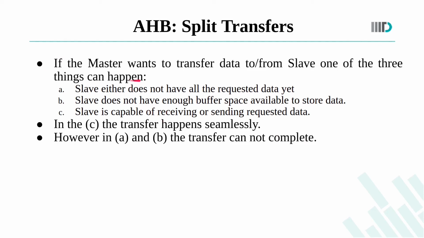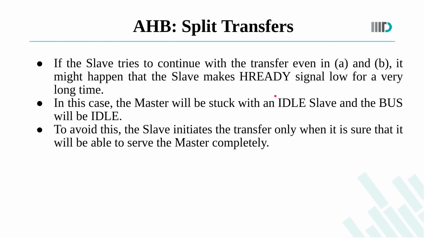So what it does is, if the slave is not able to receive the data because it does not have the data that is requested by the master, or it does not have enough memory to store the data that the master is sending, then it does not continue with the transfer. Instead it makes its ready signal low, and in this case the master will not be able to send its data, and it loses access to the system bus.